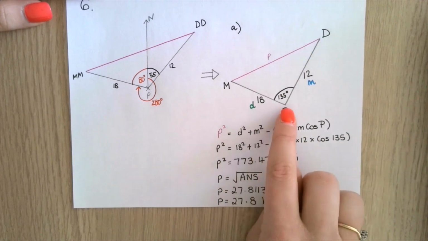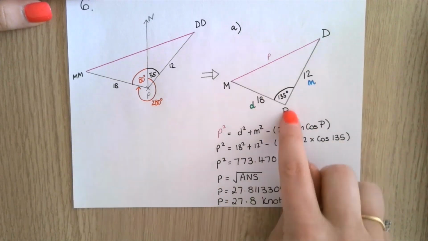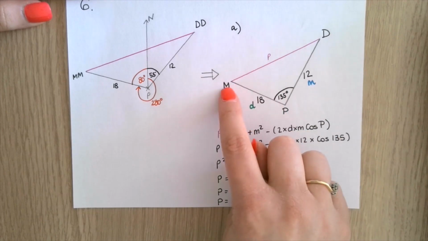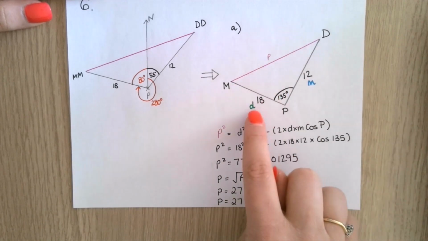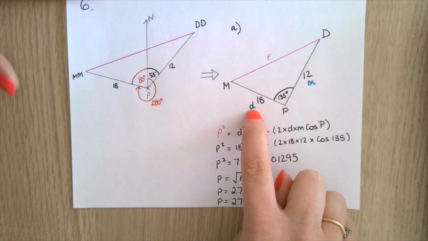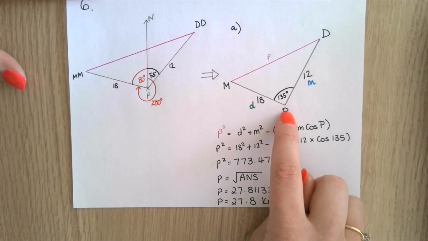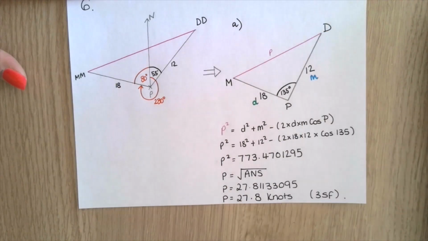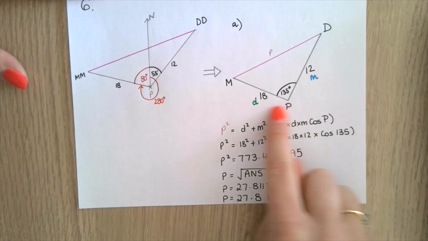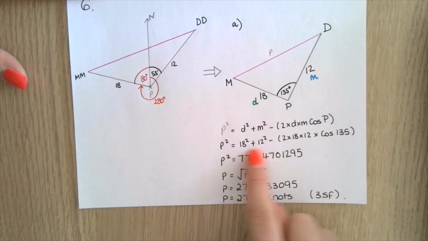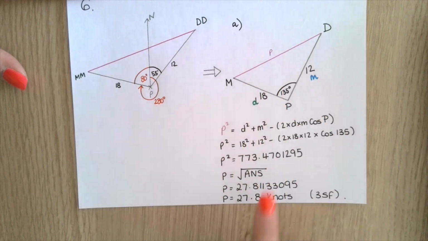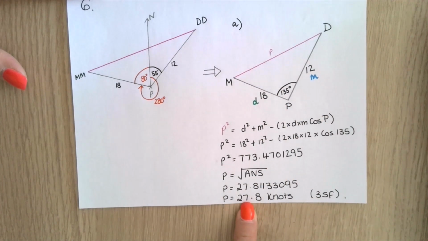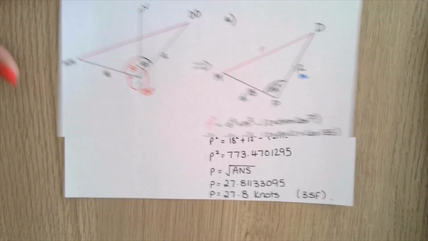I've got capital P and little p here, capital M, little m, capital D and little d. Basically you could swap those for A, B and C if you wanted to. It doesn't really matter, and that's what I've done there. I've just used the formula, substituting the values that I've got in my triangle here, and that's how I got that answer. So hopefully that makes a little bit of sense as to how I got that one.